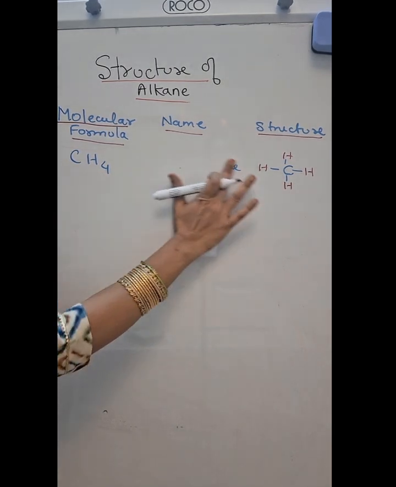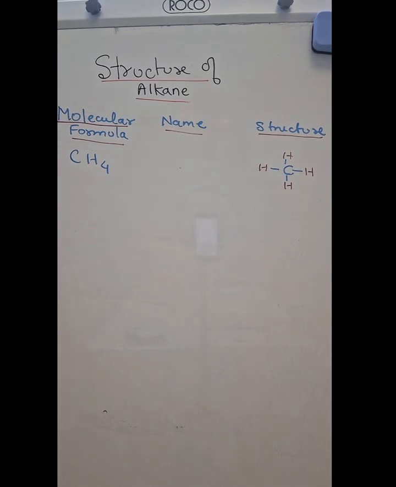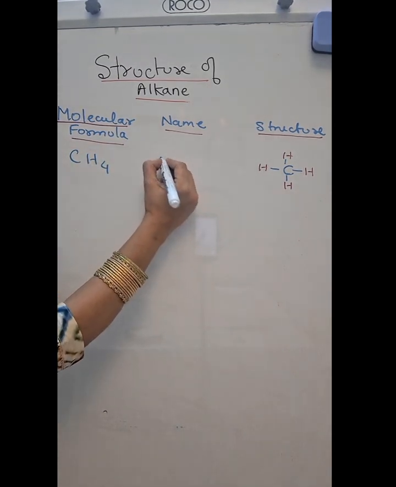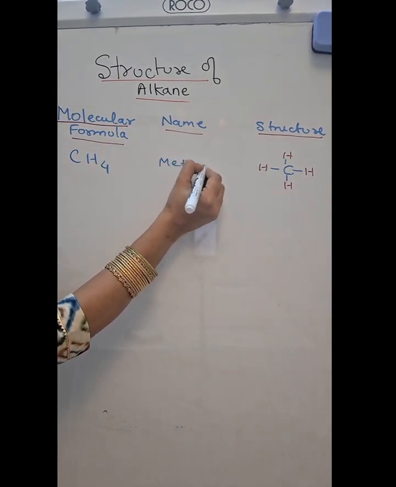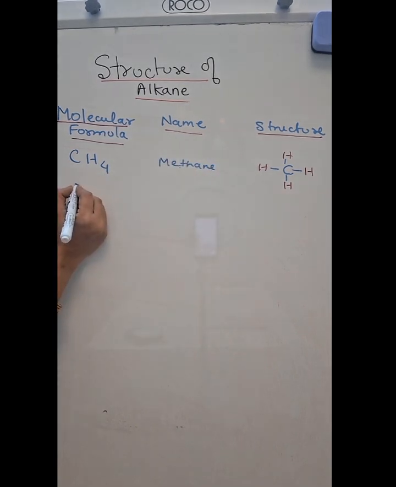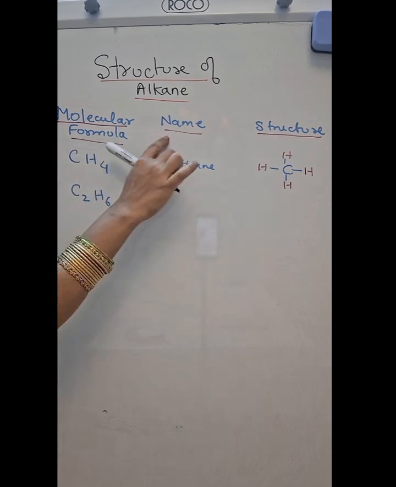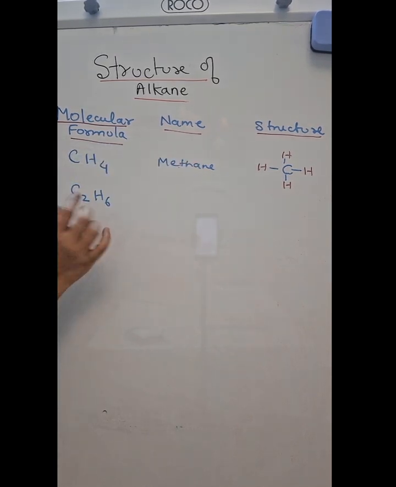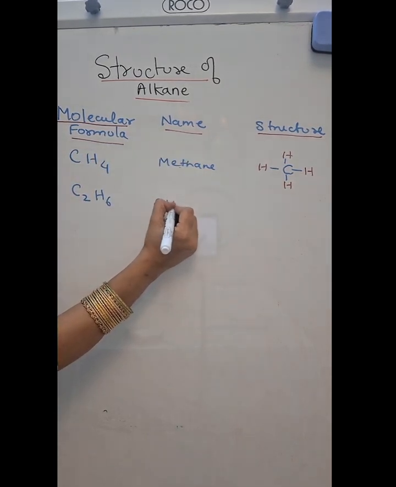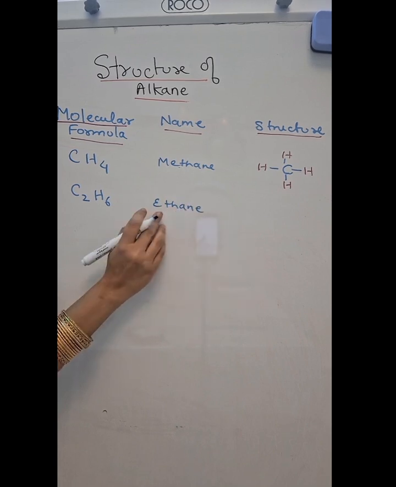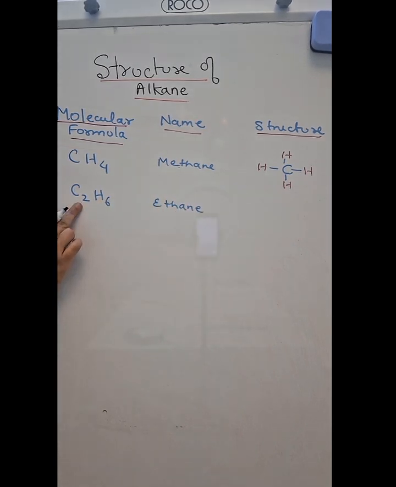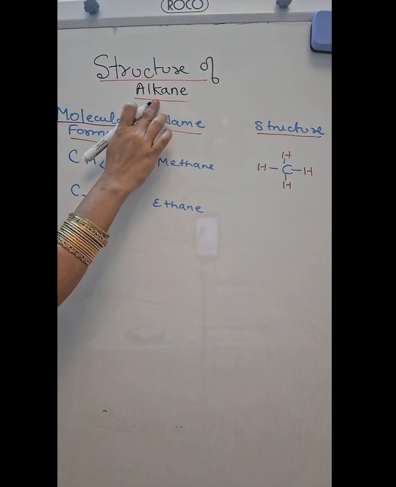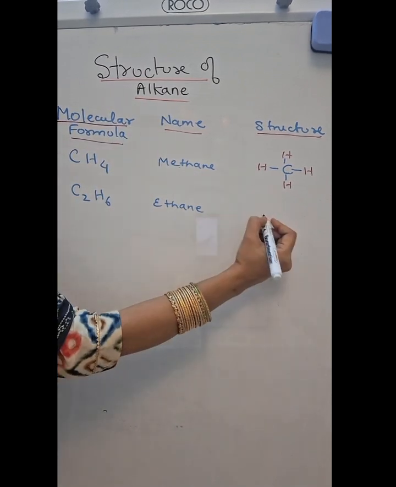Okay, now the second molecular formula is C2H6. The name of this alkane is ethane. Okay, eth because it is made up of 2 carbon, and ane because it is an alkane. Now, how to draw the structure?